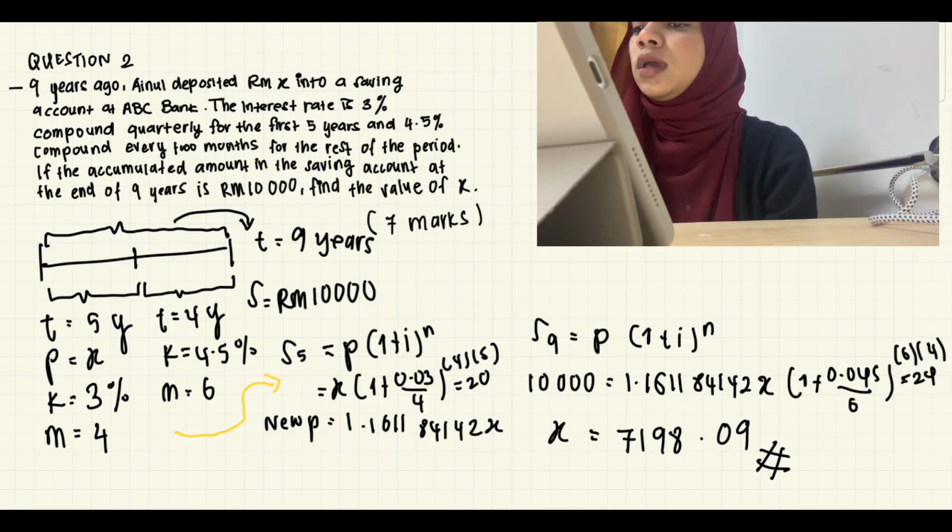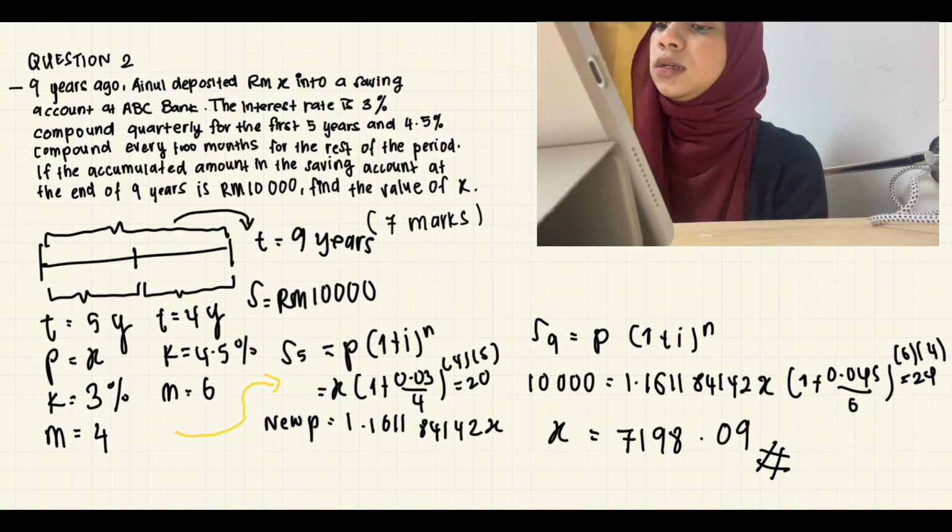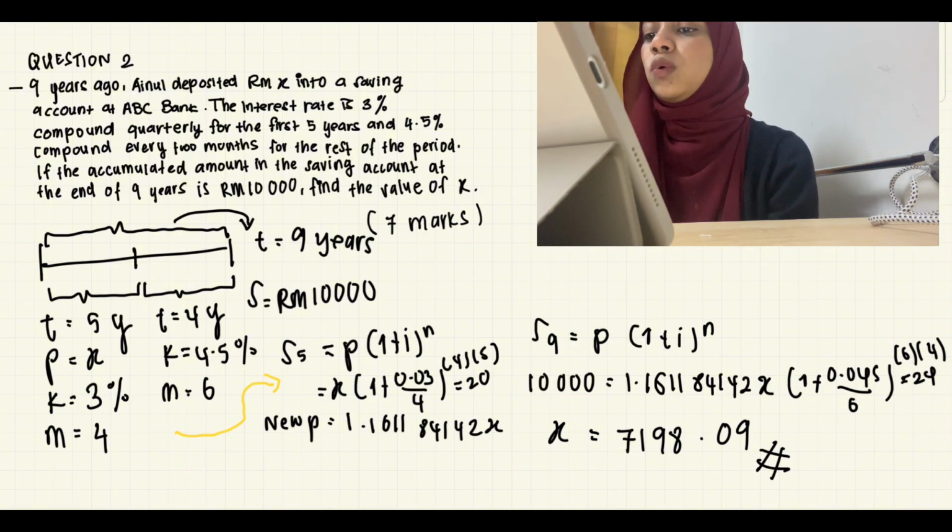We put the amount equal to X bracket 1 plus 0.03 over 4 bracket 20. Why 20? Because n is m multiplied t. So we got the answer, which is a new P, 1.161184142X.